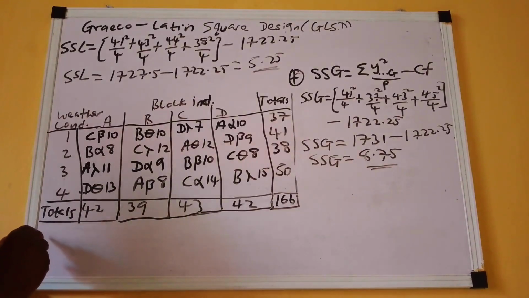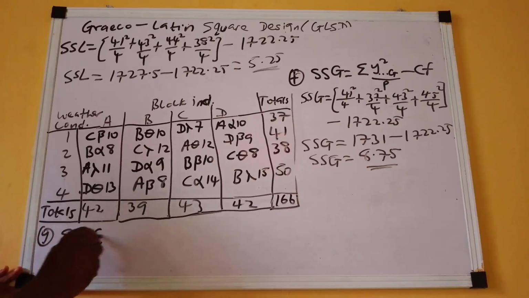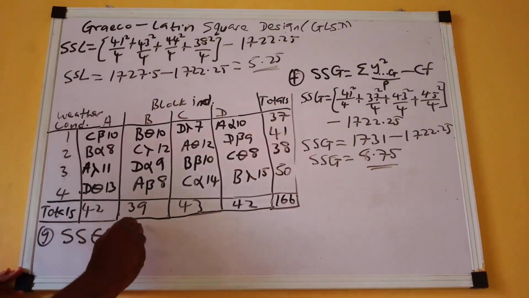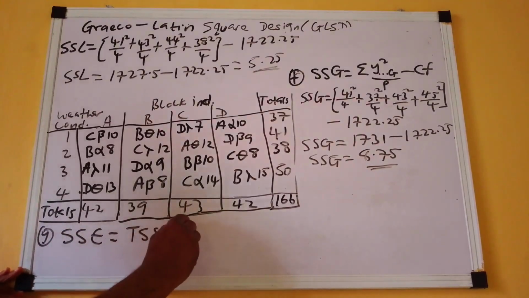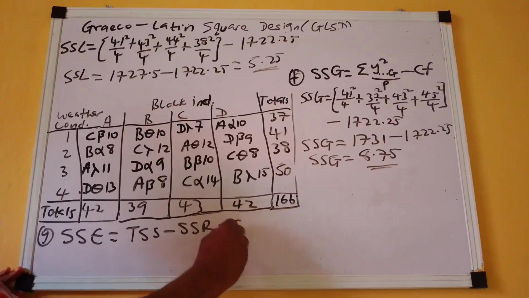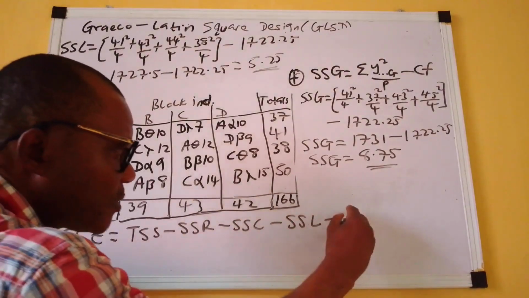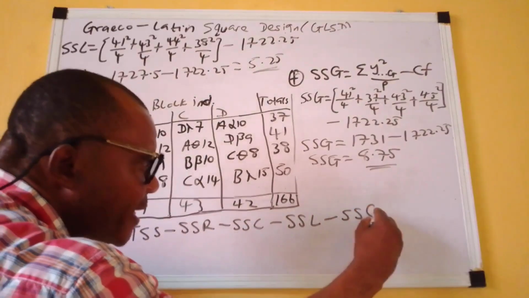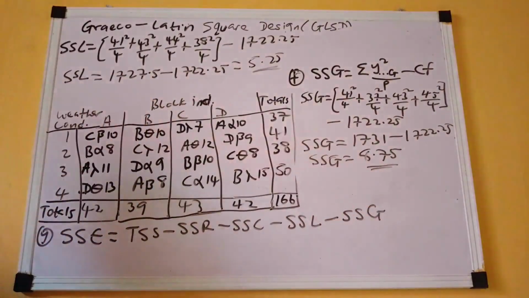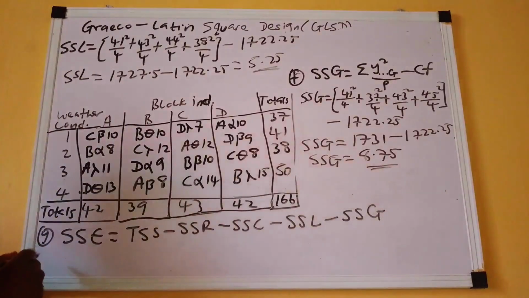So our G, we now want to calculate the sum of square for error, and that will be equal to the total sum of square minus the sum of square for rows, minus the sum of square for column, minus the sum of square for the Latin letters, minus the sum of square for the Greek letters. So now we are going to get that cheaply.